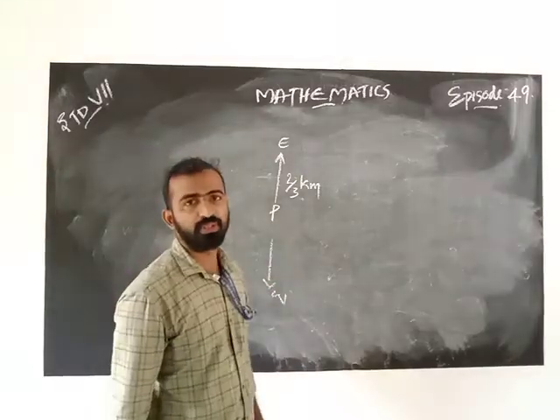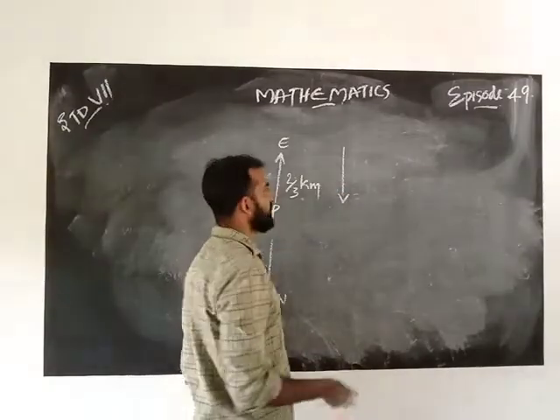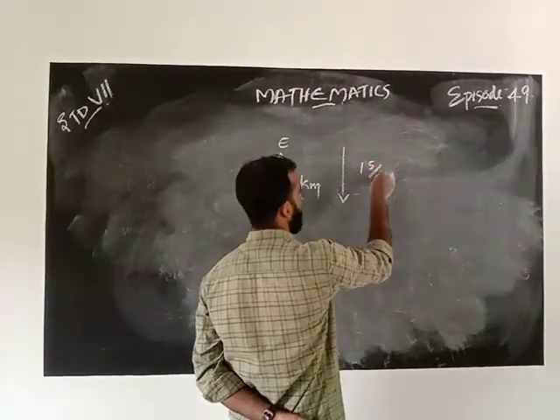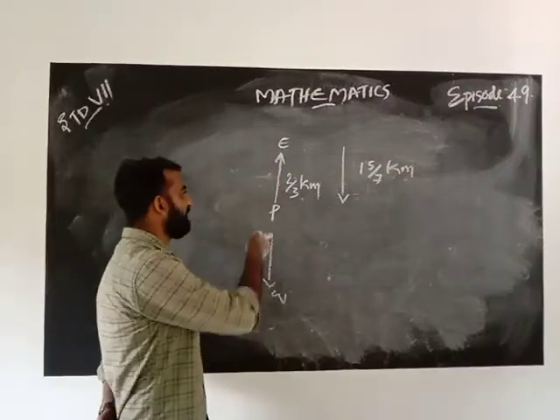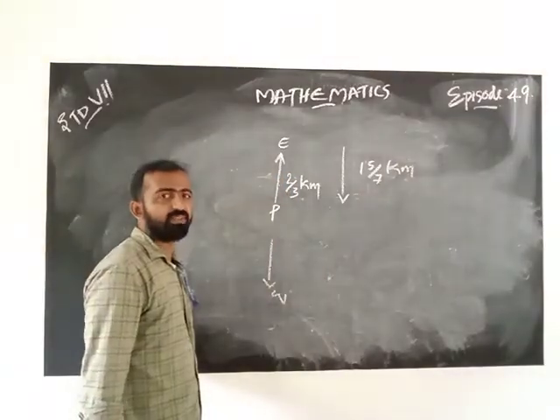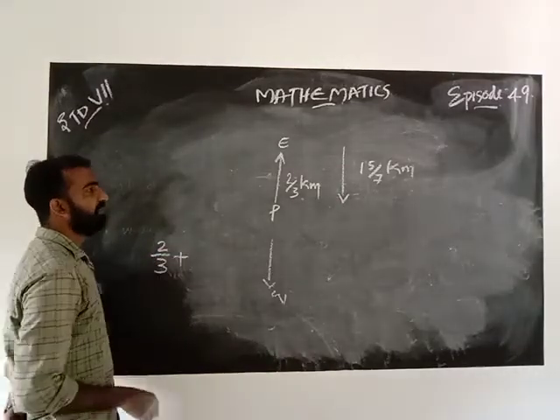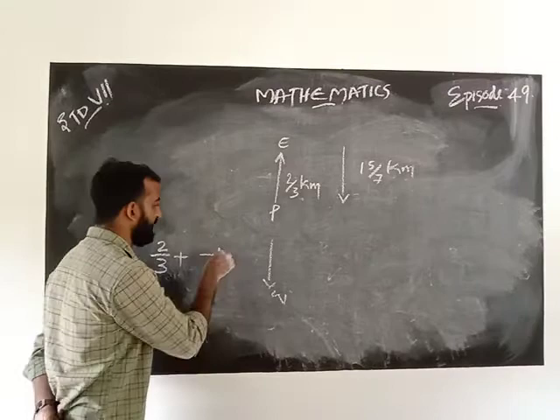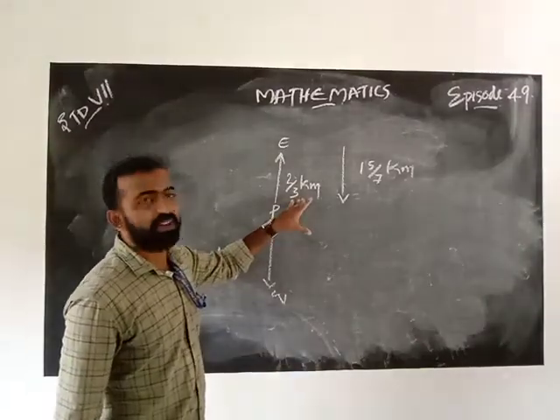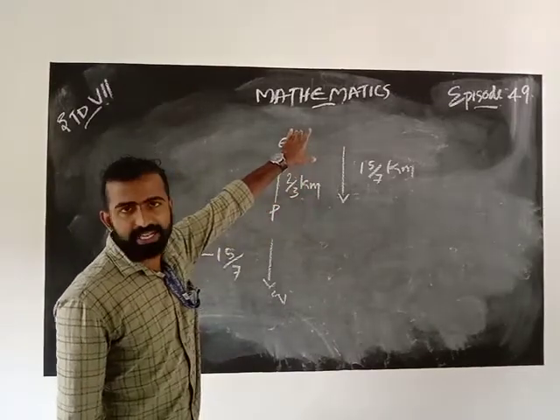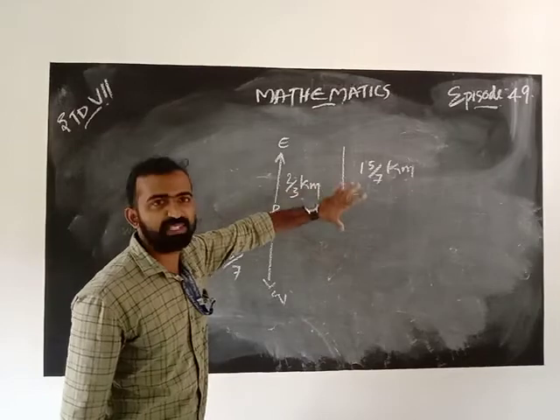Any doubt? Then this distance is 12 by 7 kilometers. How far is he from P? That is 2 by 3 plus we take the negative of 12 by 7, because first Saval walks towards east, then towards west.